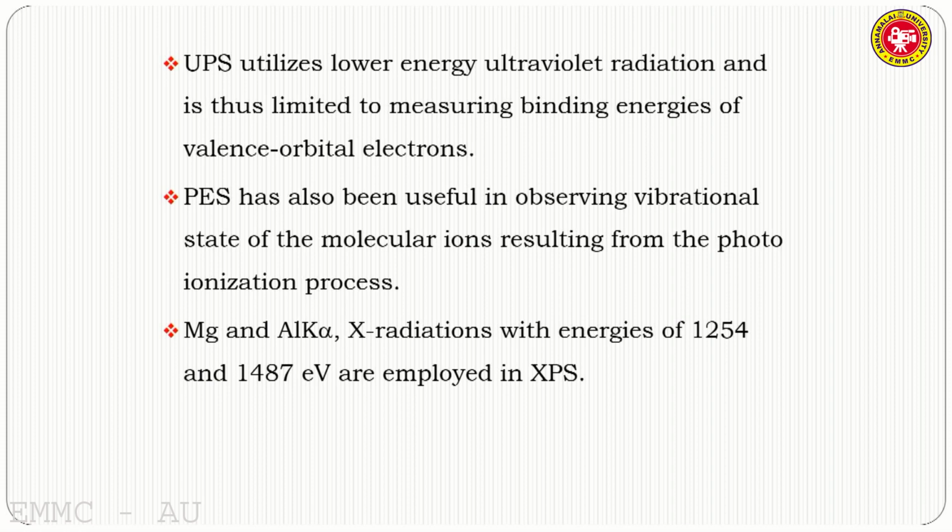PS has also been useful in observing vibrational states of molecular ions resulting from the photoionization process. Magnesium and aluminum K alpha X-radiations with energies of 1254 and 1487 electron volts are employed in XPS.